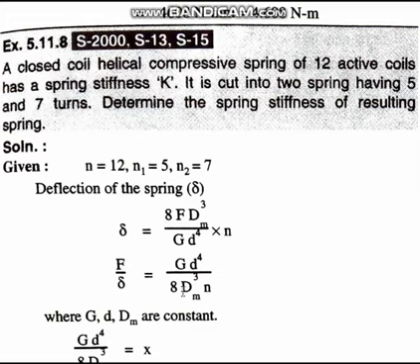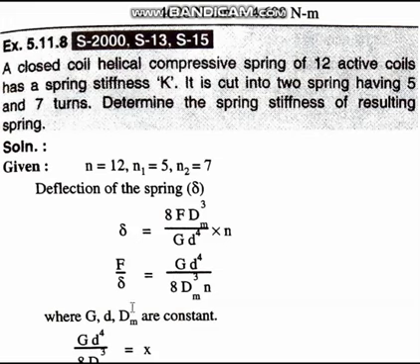Okay. So here now, for a given material, G is constant, and before cutting and after cutting, the diameter of the wire is not changing. Before cutting and after cutting, the mean diameter is not changing. What is changing? Only N will change for different springs, different number of coils.